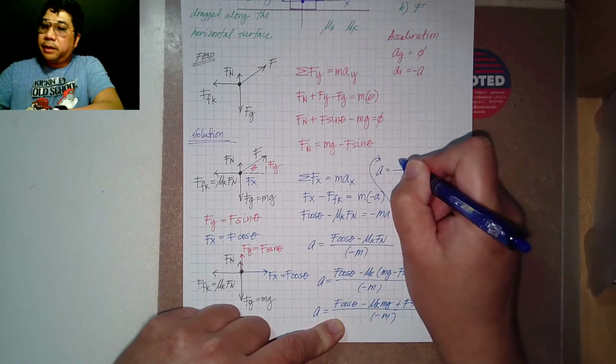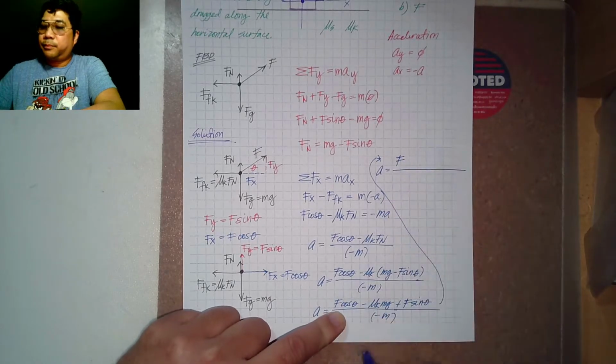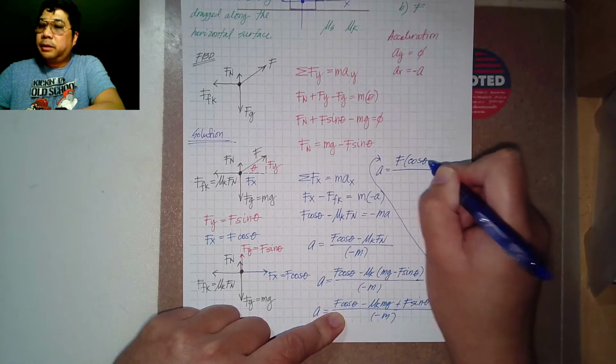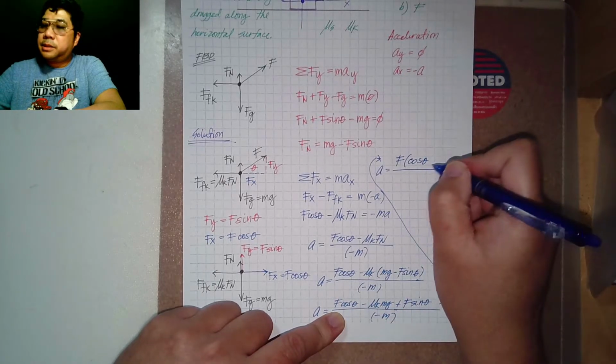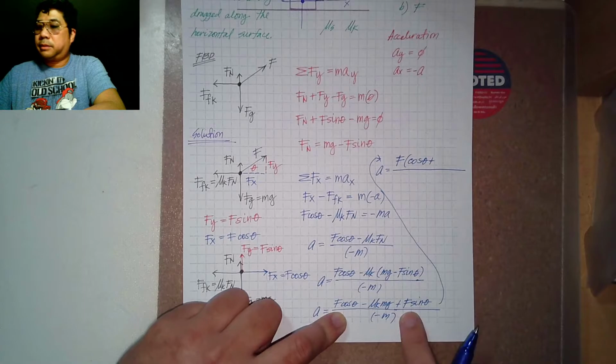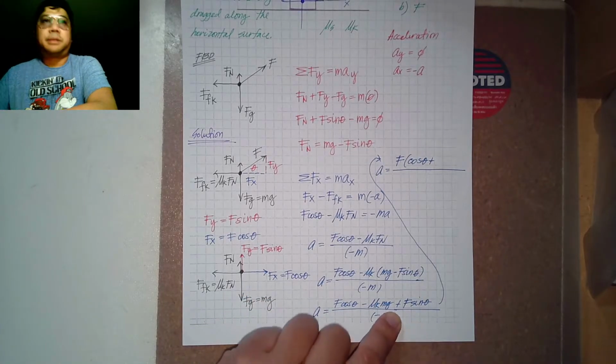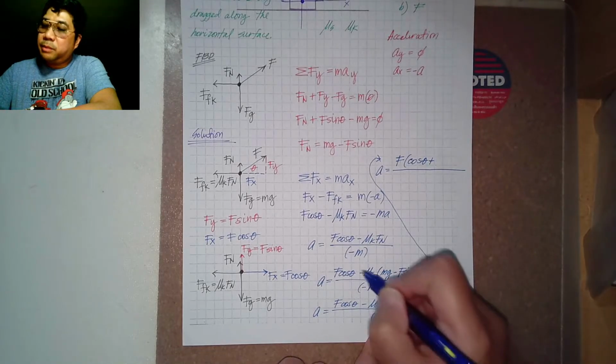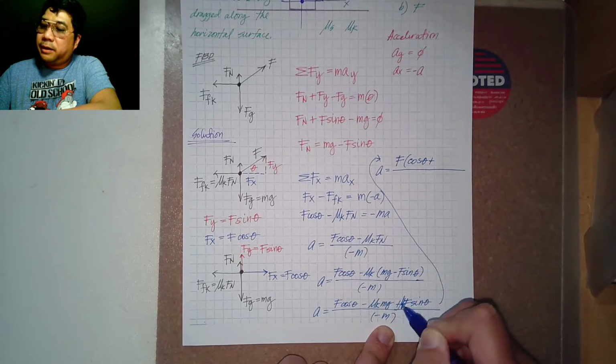Now we have F, that is cosine theta, plus mu k sine theta.